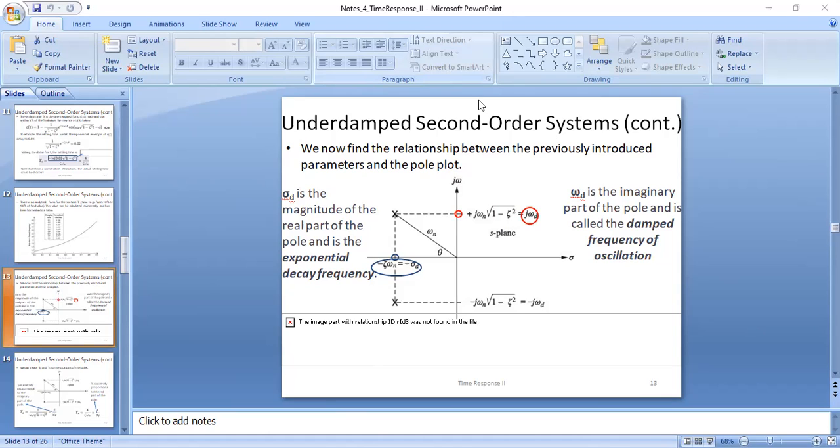Yeah, I have it. What's really the difference between when you say complex and when you say imaginary?